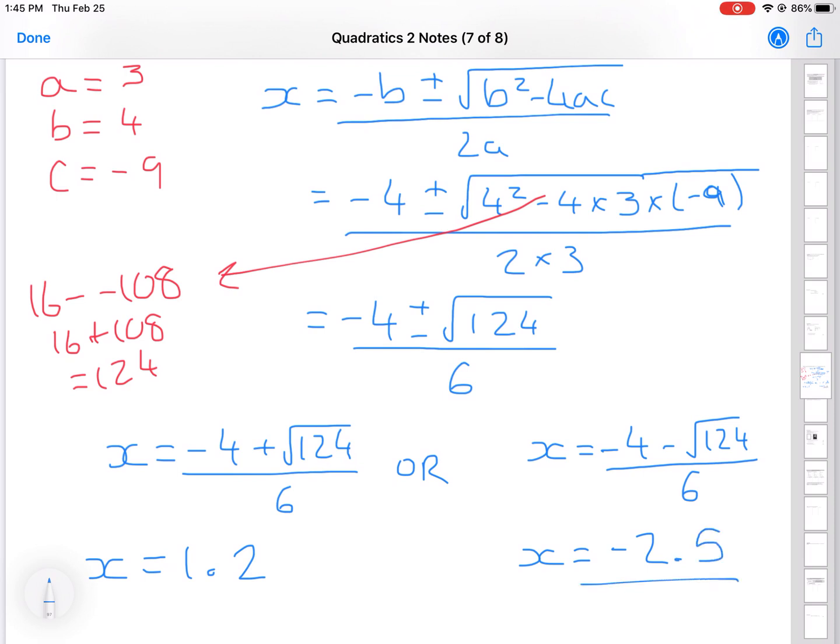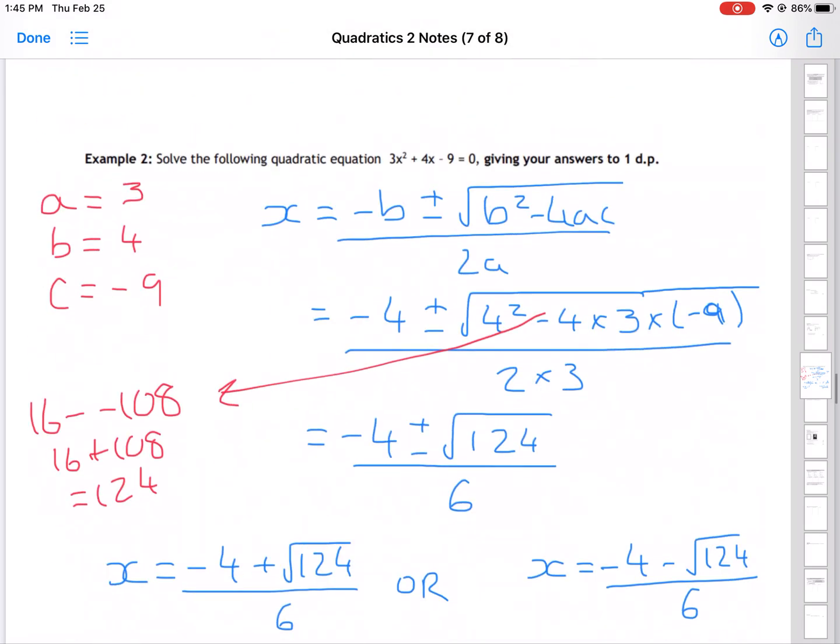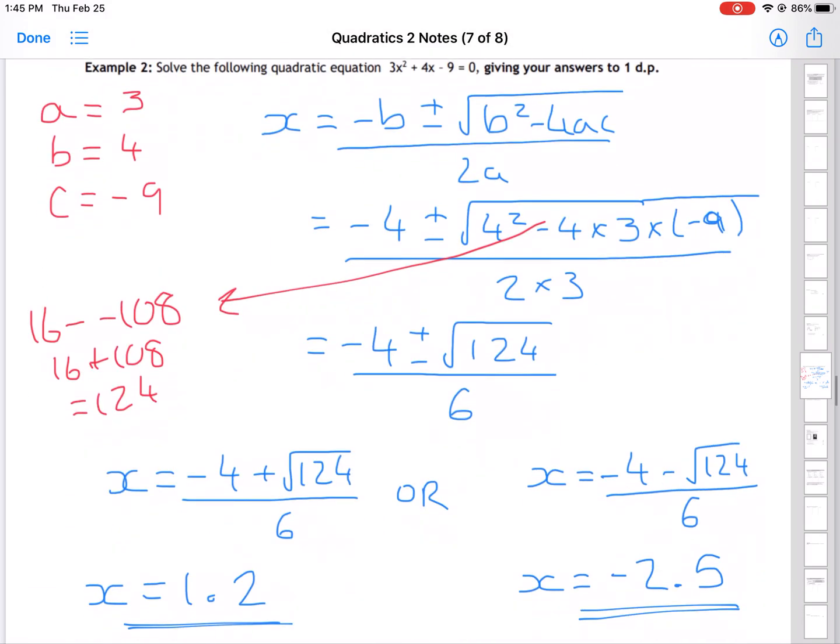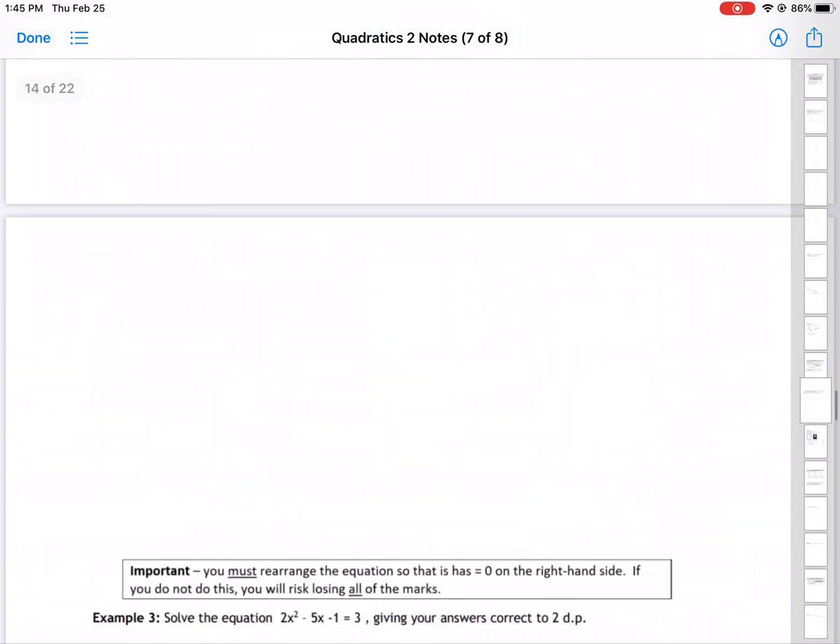Now remember, we did get negative values previously. That is perfectly fine to have negative values as our values for the quadratic formula as well. Again, I was asked to round to 1 decimal place, so that told me to use the quadratic formula, and I rounded the decimals to 1 decimal place at the end.